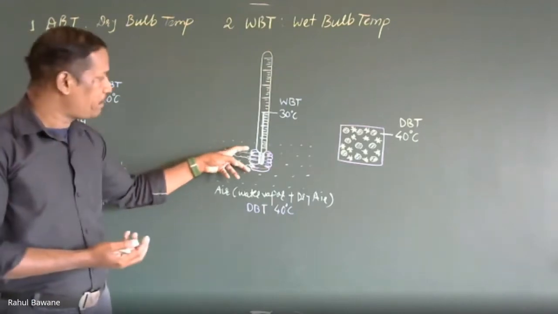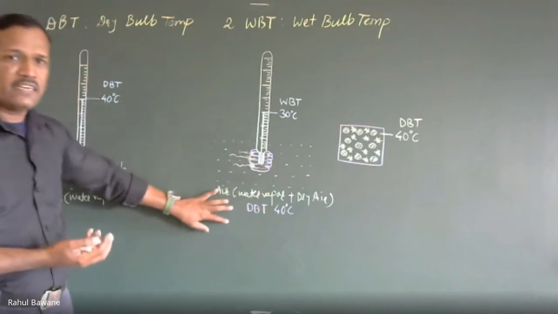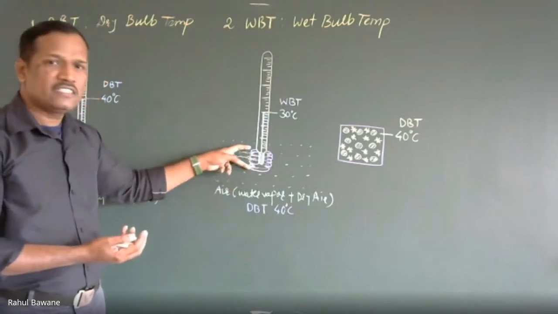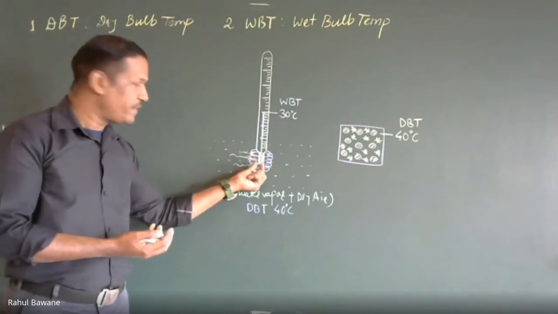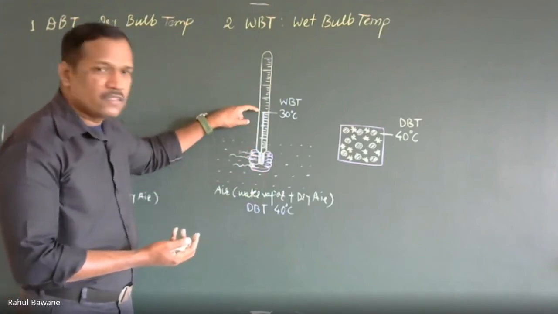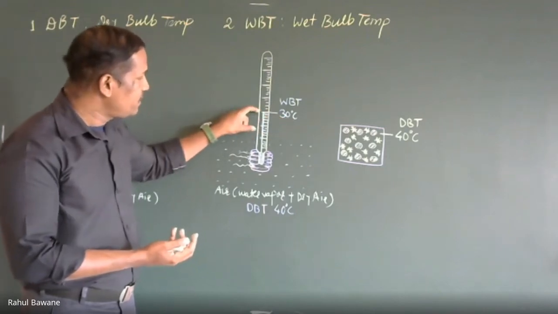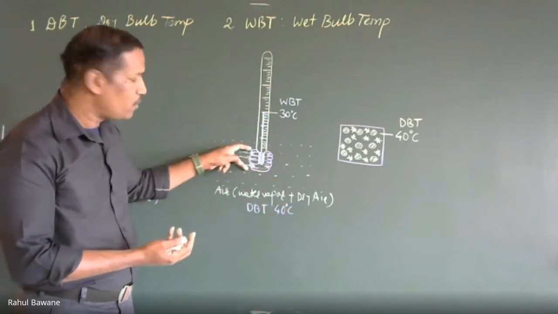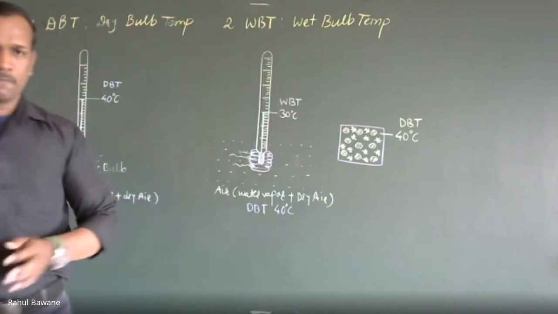Second time when we apply that wet cloth on the mercury bulb and measure the same air temperature, which is supposed to be 40 degrees centigrade, but this time due to this wet cloth, your air gets cooled down when it comes in contact with the mercury bulb, and then we saw the temperature level decreased, and this 30 degrees centigrade is the temperature of this air. But when applying this wet cloth, this reduced temperature is known as wet bulb temperature.